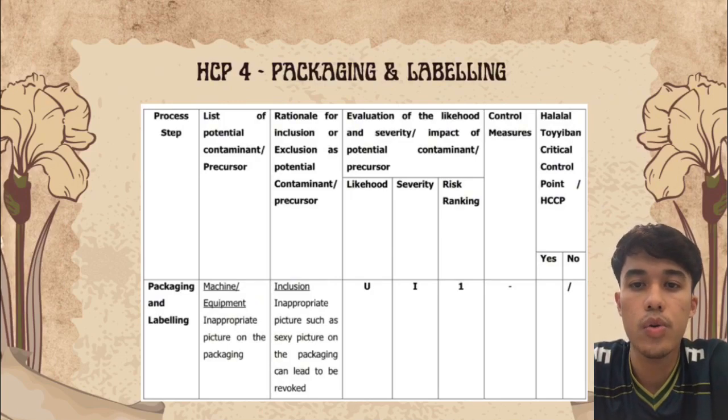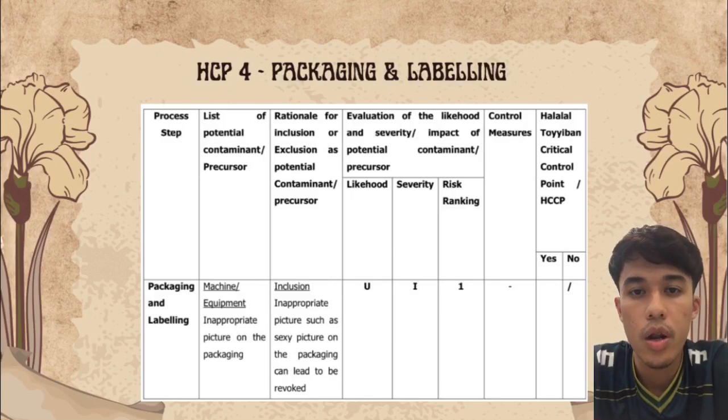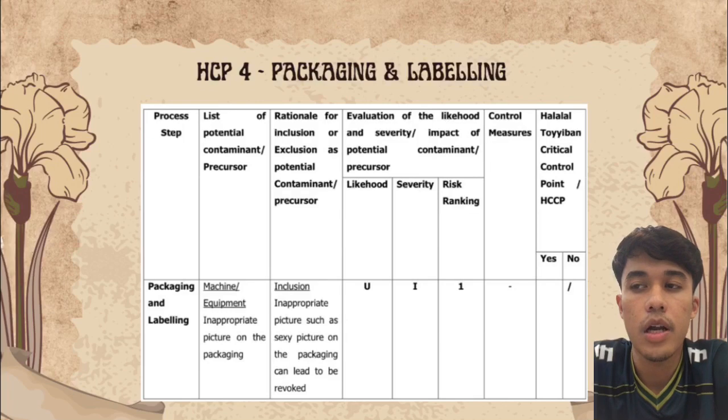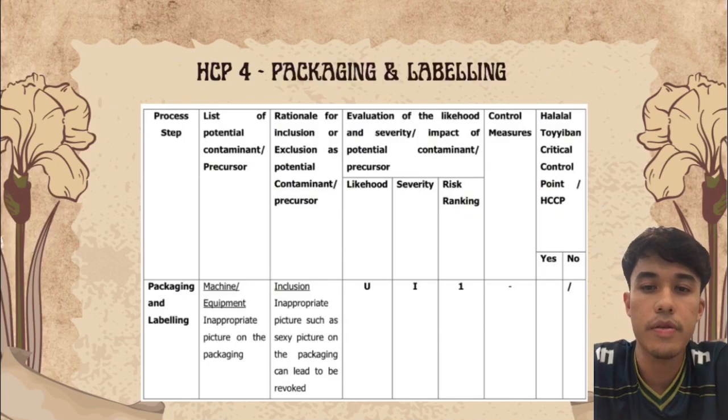For the likelihood, we have stated unlikely. For the severity, we have stated unlikely, and risk ranking as number 1. For the control measures, we don't have any explanation. For the halal toyyiban HCCP, we have stated no.